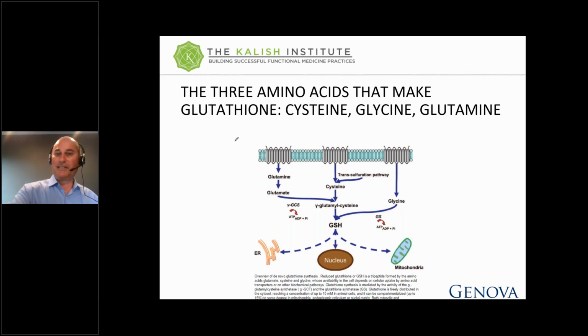Glutathione is made from cysteine, glycine, and glutamine. If you're missing one of those, it's going to be harder to make your glutathione. So these amino acids are important. And glutathione is what is standing between you and the cytokine storm. It's protecting your mitochondria. It's protecting your body against these inflammatory reactions, and against a negative long-term outcome from an infection.